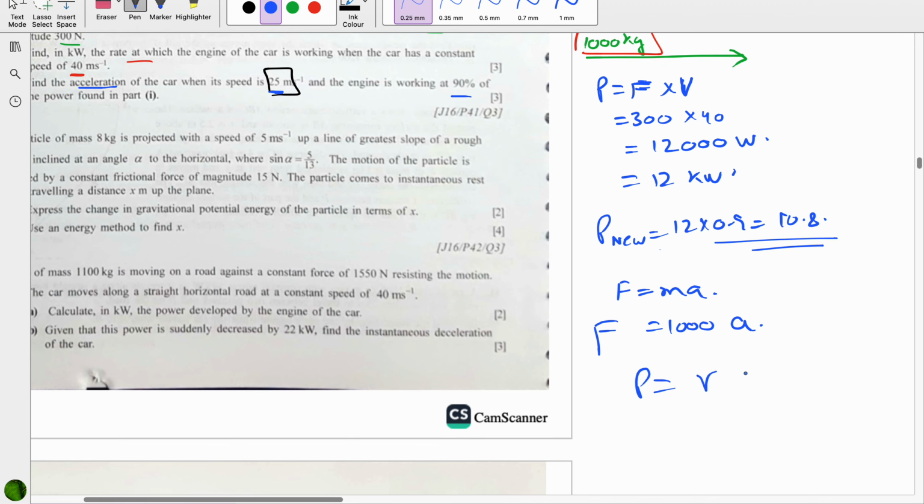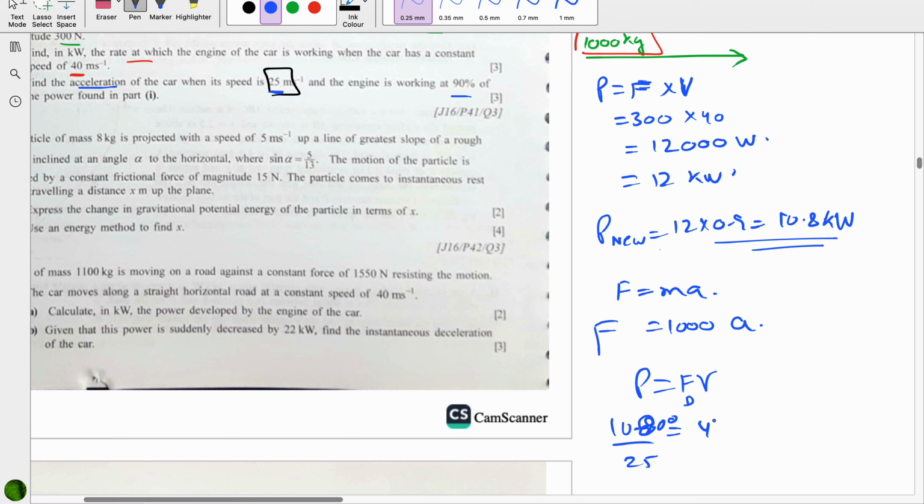So power is equal to force into velocity, where F is the driving force and 10.8, divided by velocity which is 25. 10.8 was kilowatt, so times 1000, 10800. 10800 divided by 25.